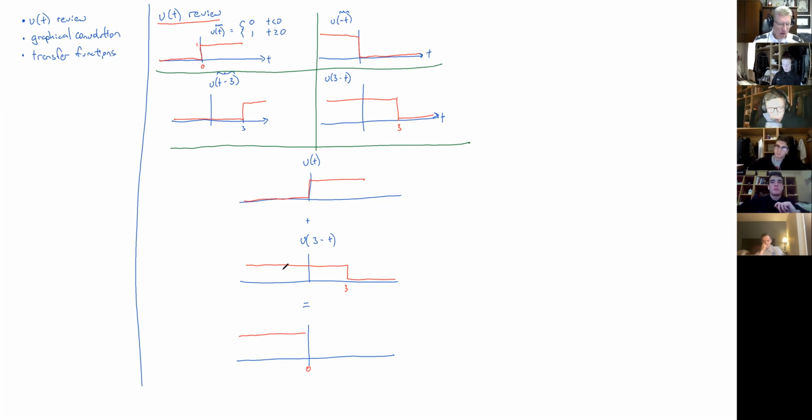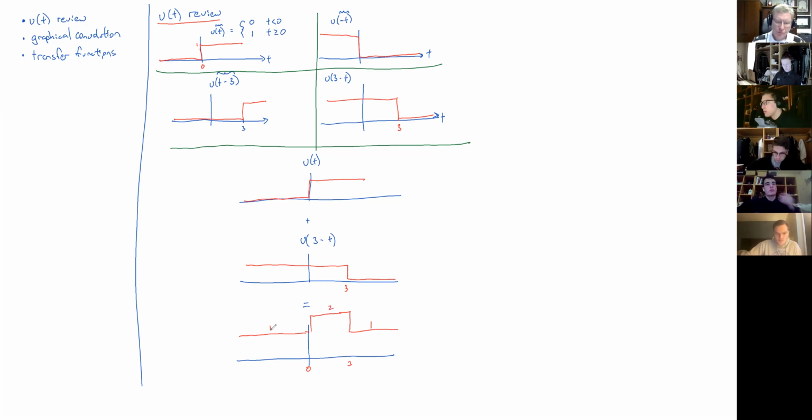For this particular one, I'm adding. Okay, so then it's going to be 2. So 1 plus 1 is 2. So then it goes to 2 until whenever the top one is at 2. I think that's at t equals 3. That's right. And then it goes down to 1. Back to 1, 2, 1.